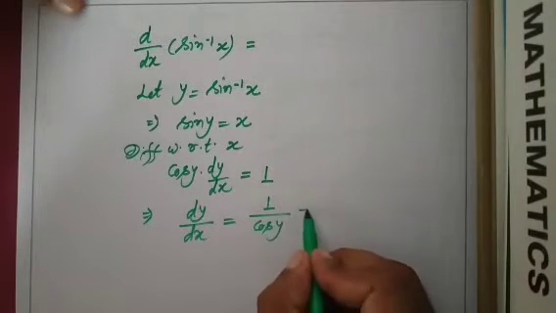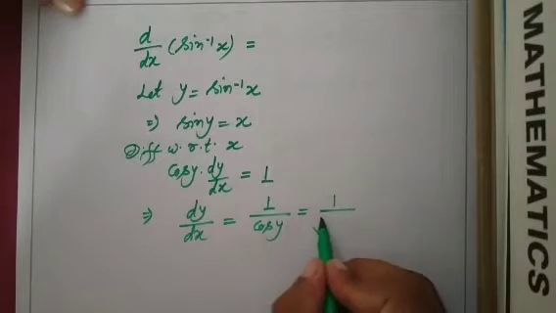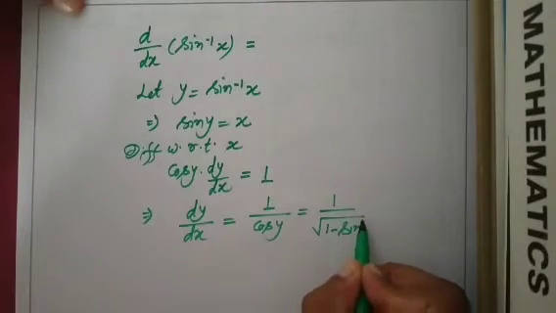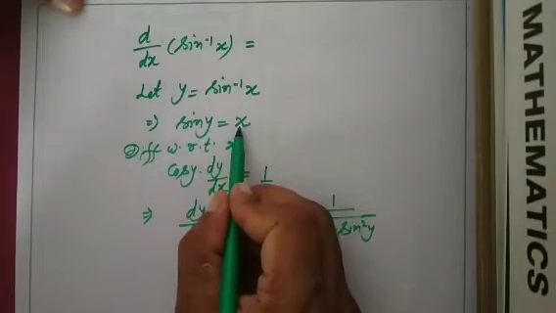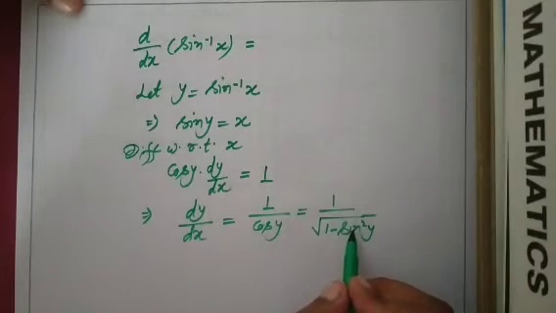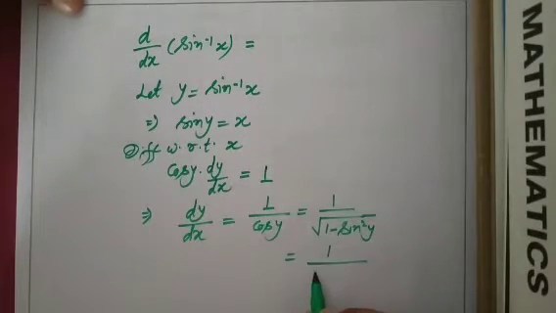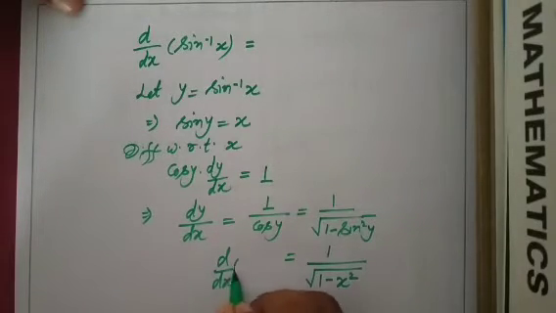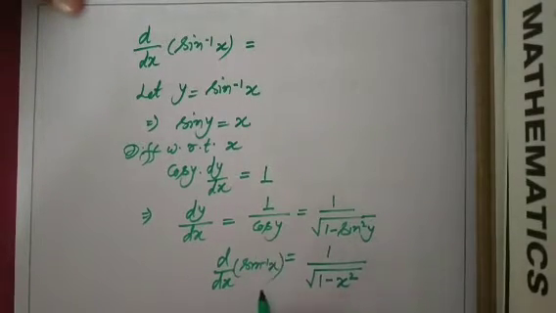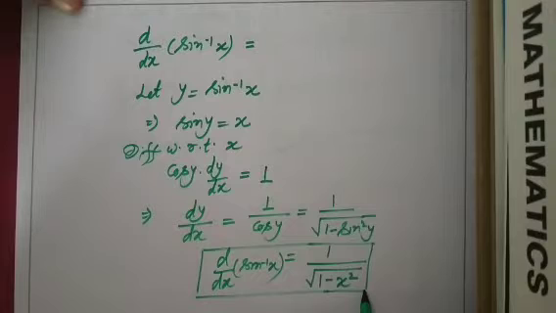This cos y you can write as under root 1 minus sin square y. You know sin y is already x, so substitute it, and we get dy by dx as 1 upon under root 1 minus x square. This is the derivative of sin inverse x.